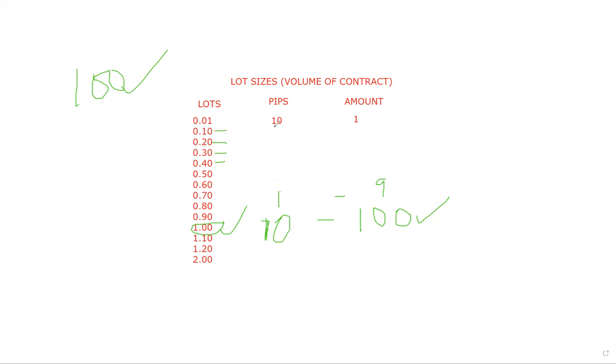And then 0.10, 1 pip is going to be $1. 0.10, $1 per pip in that order.